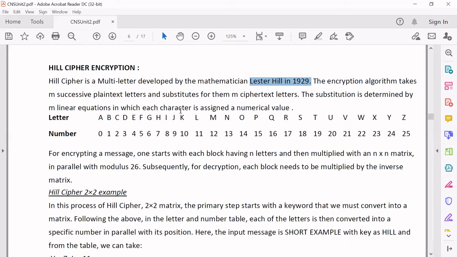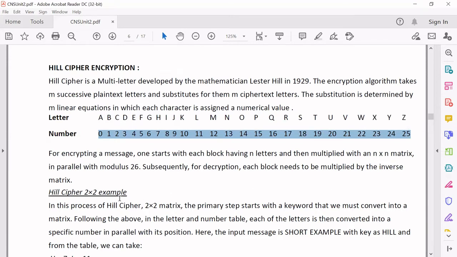How is it done? First, we have to give a numerical value to each character in the letters. That is, first you number all the 26 characters A to Z. So it will be numbered from 0 to 25.